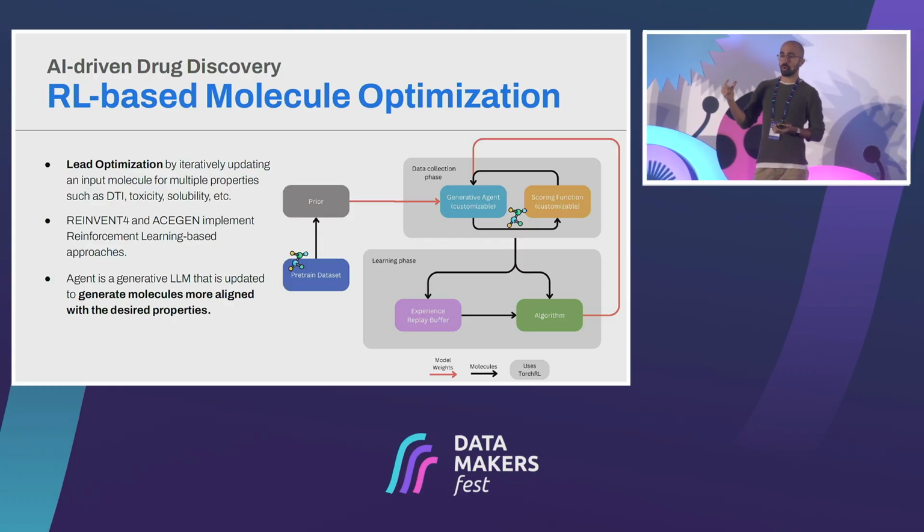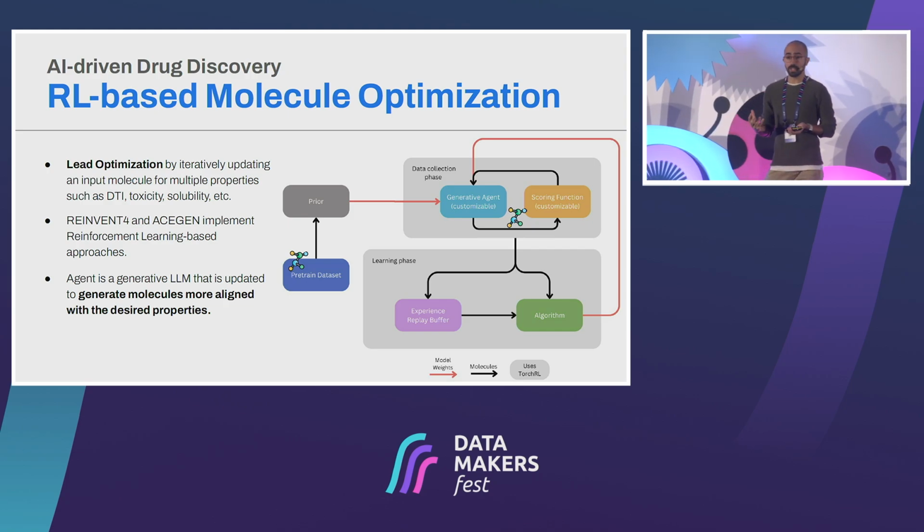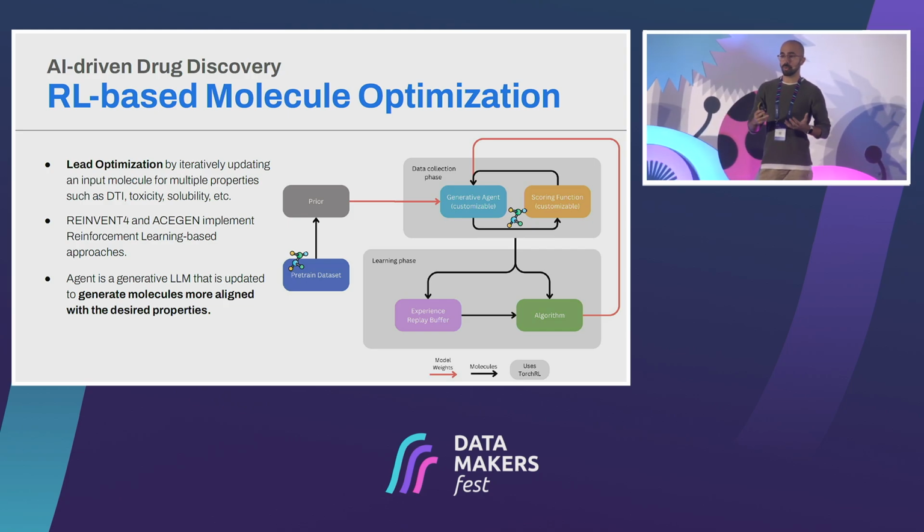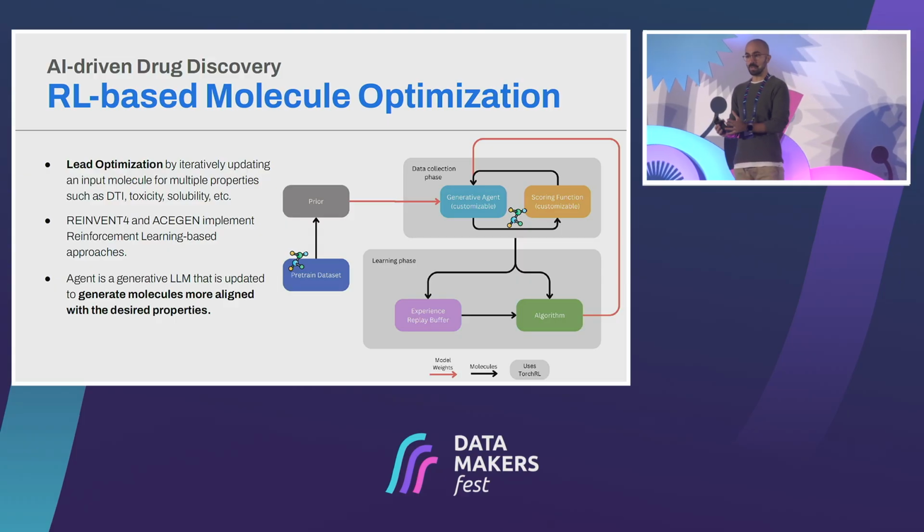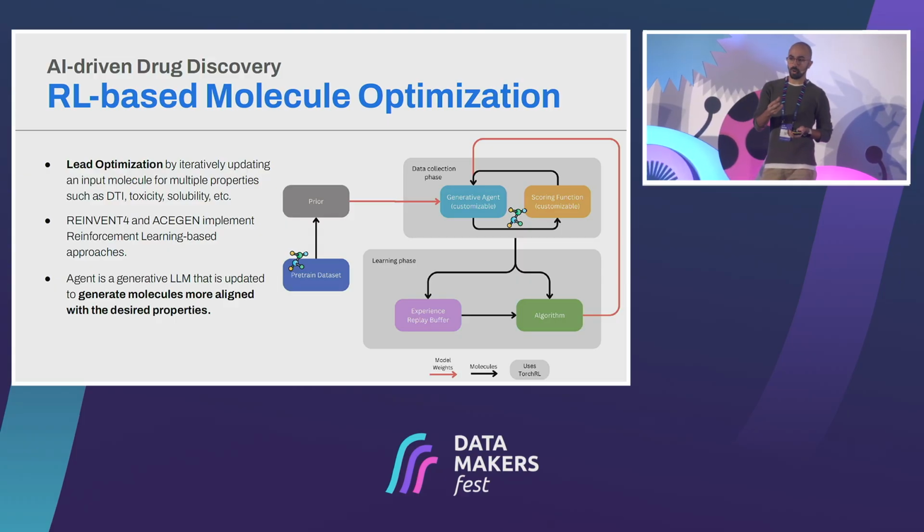So you're going to use scoring functions like, for example, the previous model that we just developed, the one that predicts the binding with the target. That could be one of the scoring functions. Then you're going to have other scoring functions like toxicity estimations and solubility estimations, all of those. And basically, all of these are going to provide rewards in the reinforcement learning loop to nudge the weights of the generative model in such a way that, as it is updated, it's going to generate molecules that are more and more aligned with your desired properties.